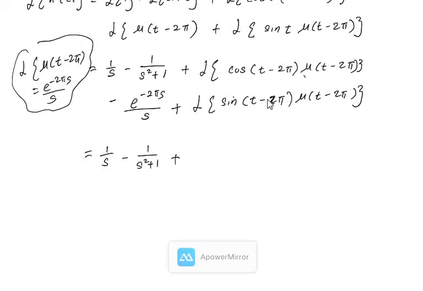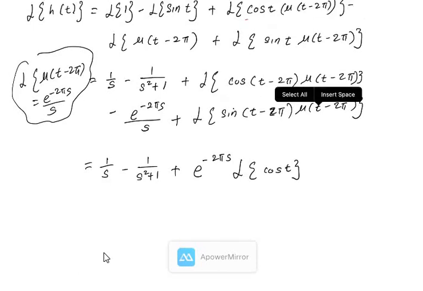Okay, and this part, we can change it using the second shift theorems. This is the exponent minus 2 pi s Laplace transform of the cos t. Okay, this is exponent minus 2 pi s multiplied with Laplace transform of the cos t. Here, please take note that cos t is equal to cos t minus 2 pi.